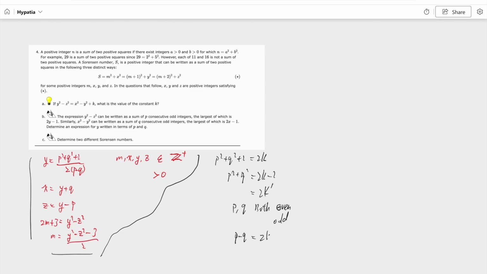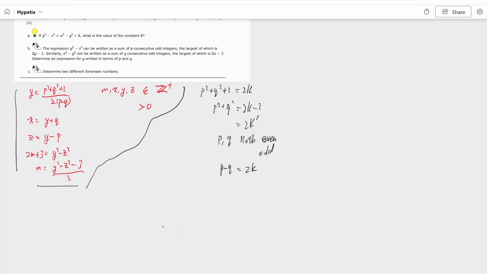And in this case, p minus q for sure is another even number, 2k. And we know p squared plus q squared plus 2 for sure is bigger than 0 in this case. P minus q has to be bigger than 0 if we want y to be positive. So this means p minus q is 2k, where k exists in the positive integers.